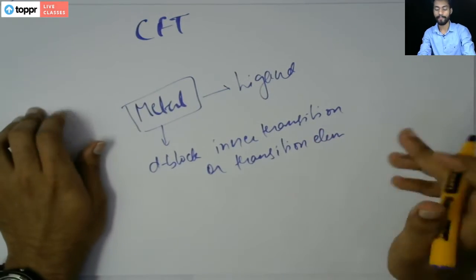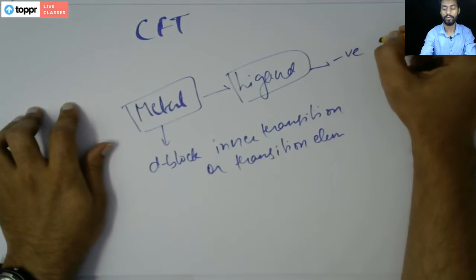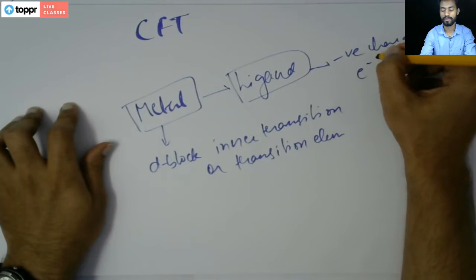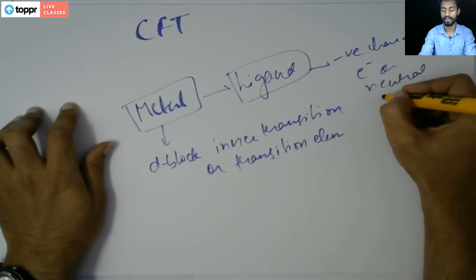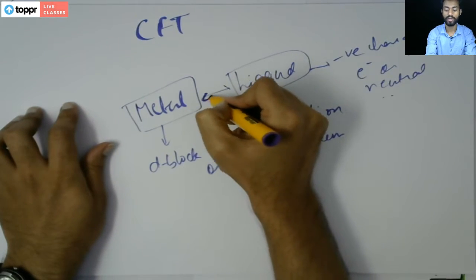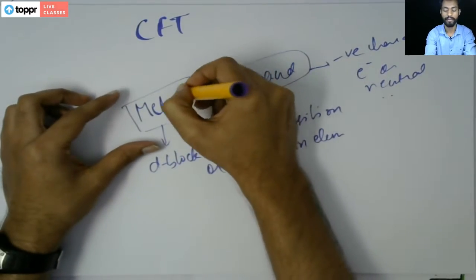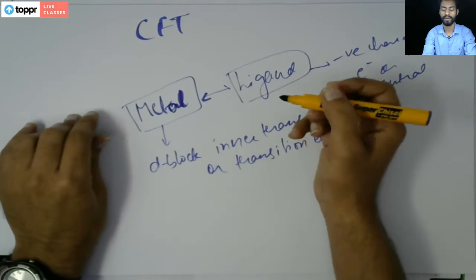So basically what happens is that the ligand, which is either a negatively charged molecule, meaning having an extra electron, or a neutral molecule having electron pairs, provides its electrons into the valence orbitals or valence electron shells of the metal, which accommodates them and forms a coordination complex.